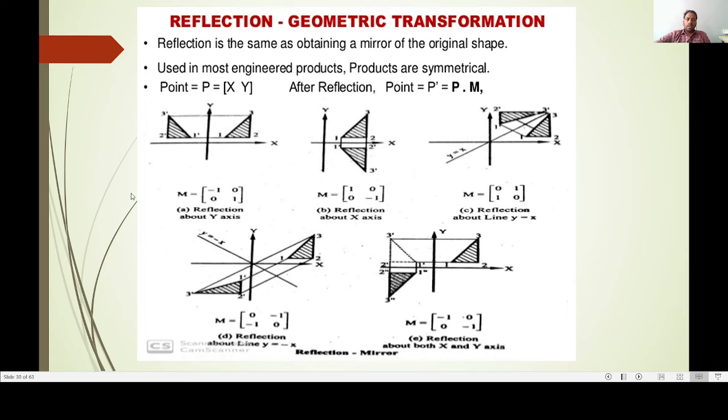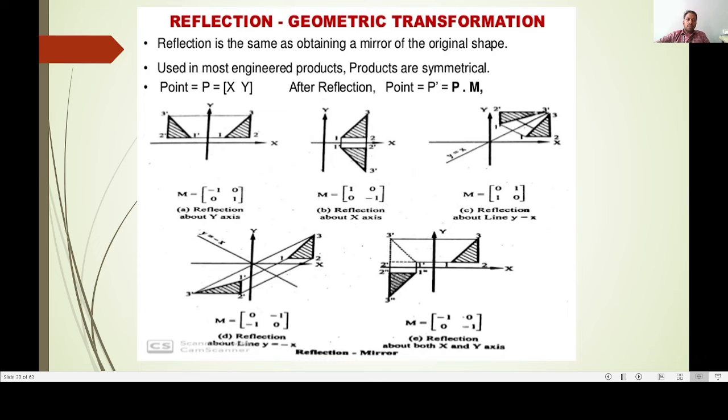For example, see this first diagram, reflection about the y-axis. This is a two-axis system, x and y. This object is reflected about the y-axis, giving the mirror image of the object.